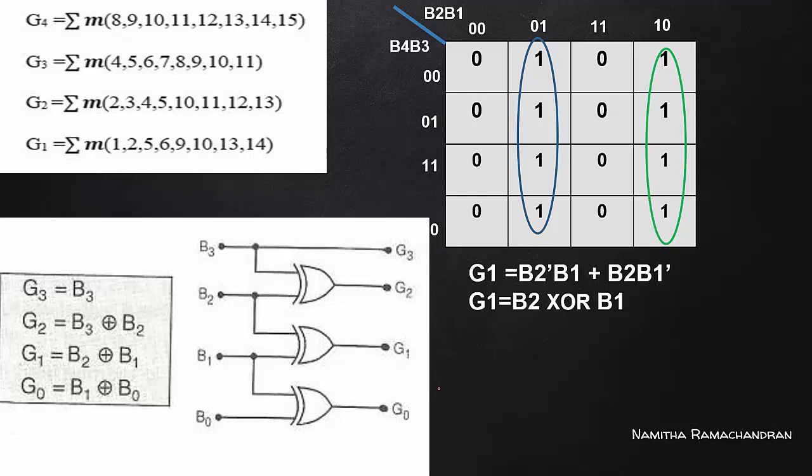B3 directly gives G3, and G2 means B3 XOR B2, G1 means B2 XOR B1 and G0 means B1 XOR B0. So this conversion is possible using XOR operations.